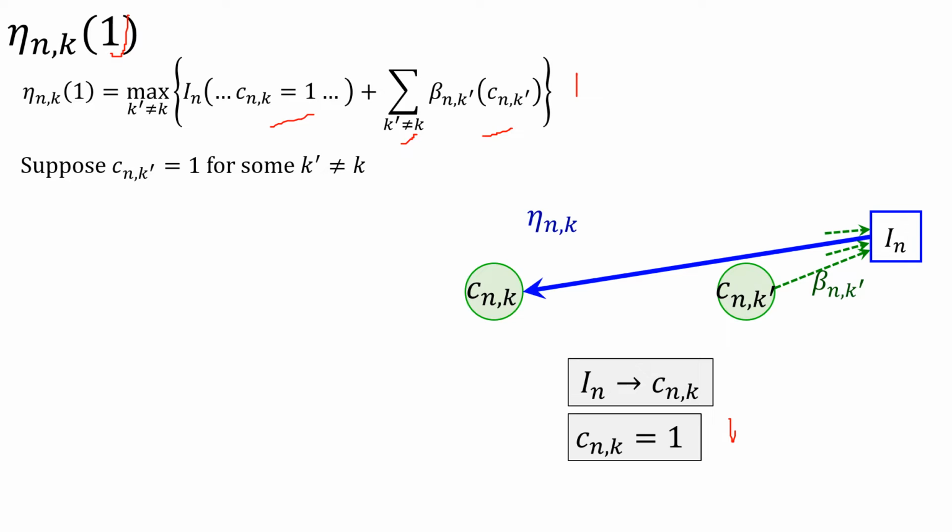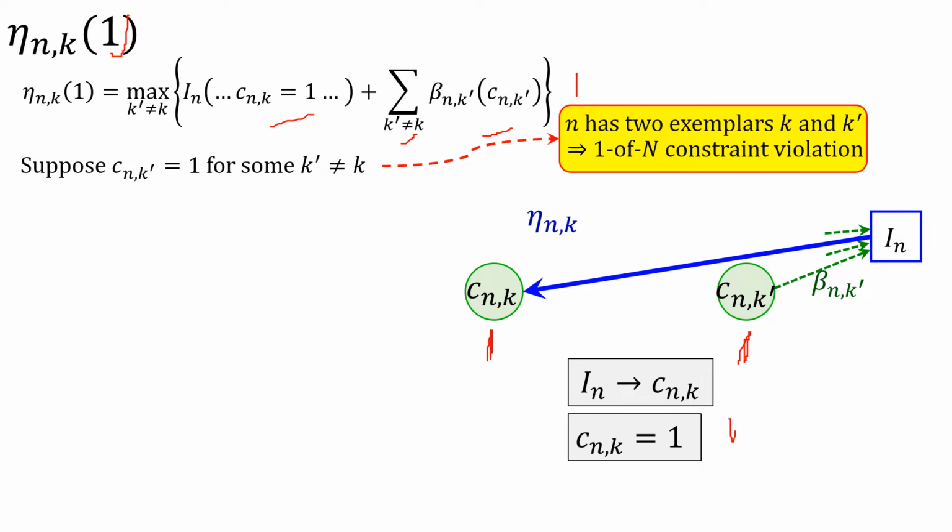Now suppose cnk prime equals 1. So we are looking at eta nk1, where cnk equals 1, and suppose there is some other k prime for which this is also 1.